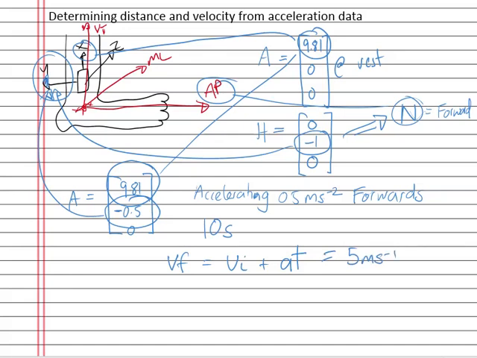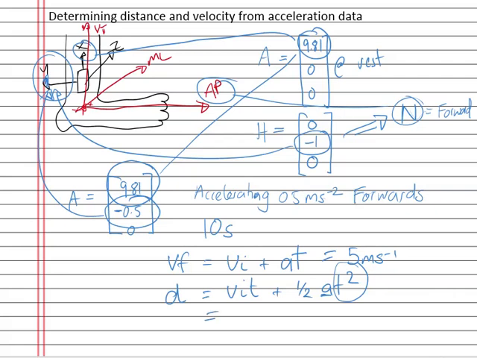Now if you want to know how far they travelled in that time, distance equals v-i-t plus half a t squared. Now you see the problem is, as we measure distance, the time term is being squared, and small errors in acceleration can have a bigger and bigger effect on the calculated distance.